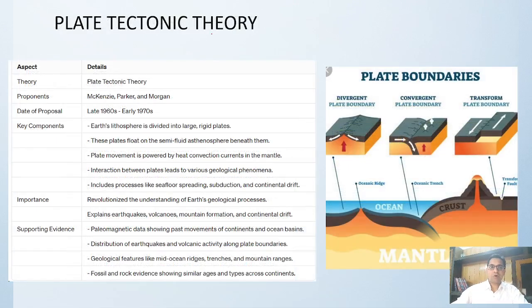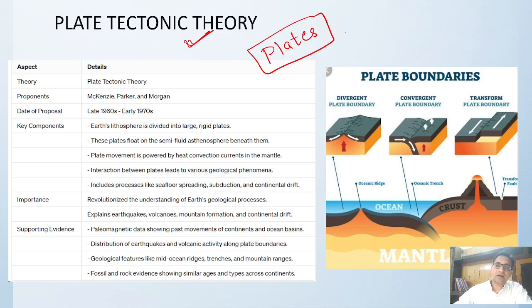Then the plate tectonic theory, a very important theory, which is the base for all the other theories. This theory says that the earth's crust is divided into plates. It is not a single landmass. The earth's crust is divided into plates, and these plates keep on moving over the mantle. This theory has been given by McKenzie, Parker, and Morgan.